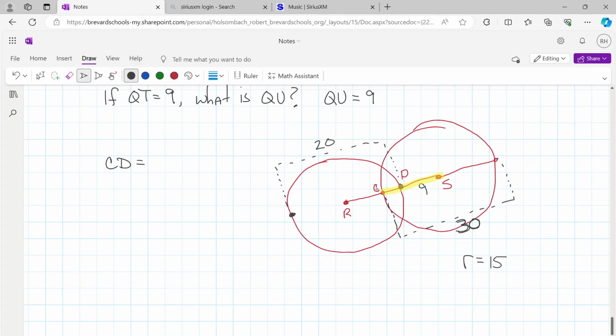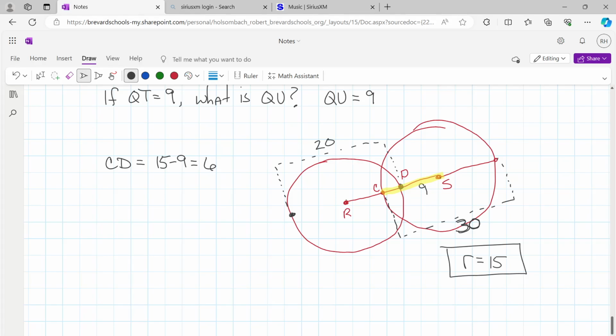So if C to S is 15, but D to S is 9, isn't C to D equal to 15 minus 9, which is 6? That whole yellow piece is a radius, and the radius is 15. And if the portion from S to D is 9, then what's left completes the radius. So what's left is the 15 minus 9. Okay?